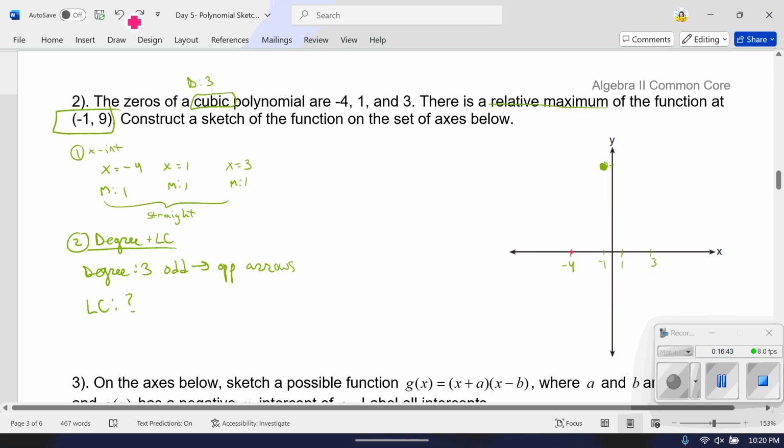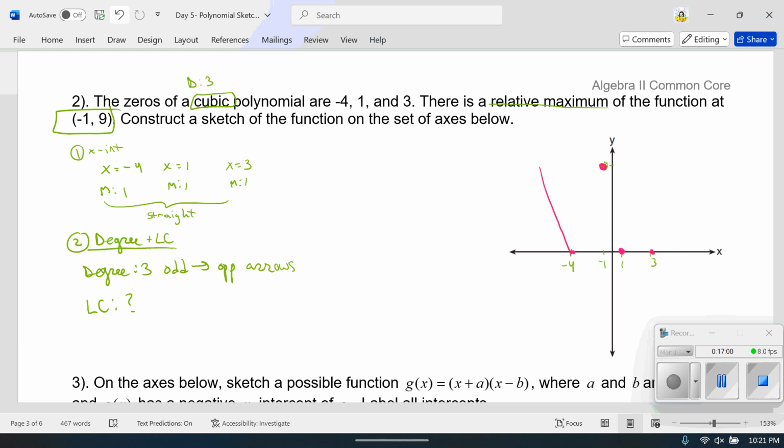Here are my x-intercepts. This is what I'm trying to hit: these 4 points. If you start from the top, how are you going to hit the maximum if this maximum is up here, but my graph takes place down here?